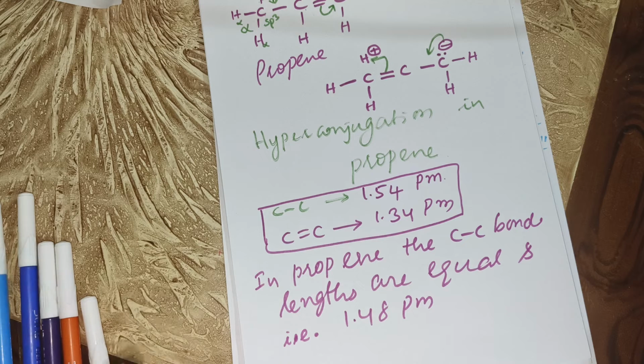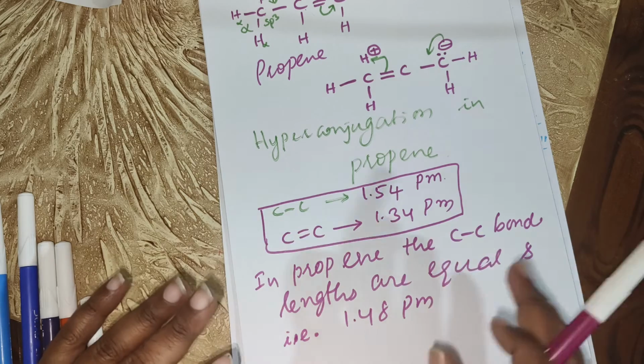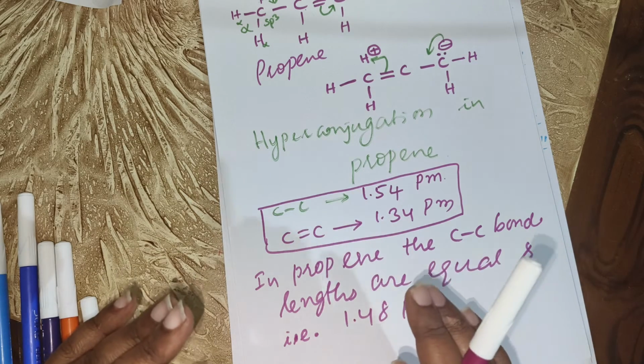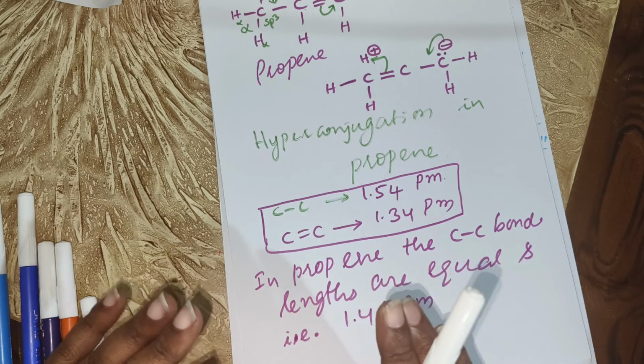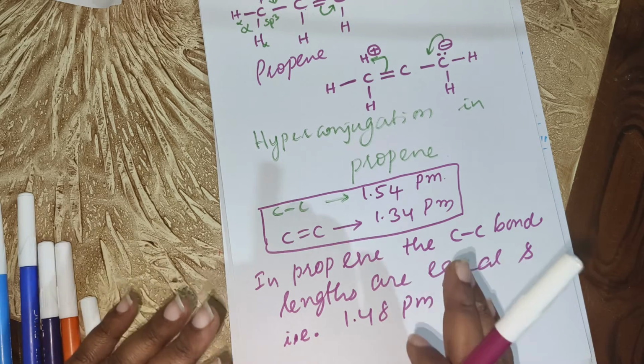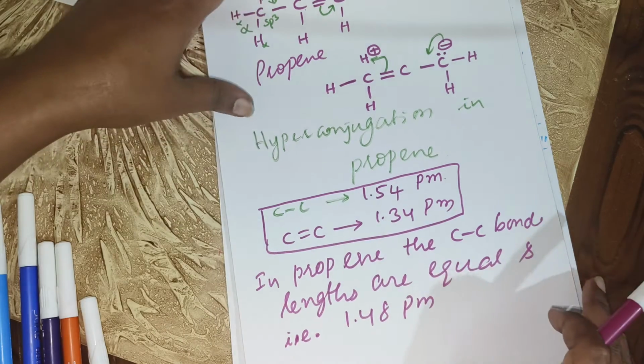When you observe in this manner, how many hyperconjugated structures are there? How to calculate the number of hyperconjugated structures? As the number of hyperconjugated structures increases, the stability of the molecule increases. Keep that in mind. This is an important point from the examination point of view. See how to find out the number of hyperconjugated structures.